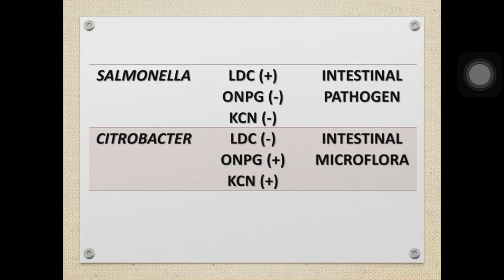On the other hand, yung mga Citrobacter, LDC negative, ONPG positive, and will exhibit growth in the presence of potassium cyanide. But how can we differentiate Salmonella, an intestinal pathogen, from Citrobacter, an intestinal microflora?